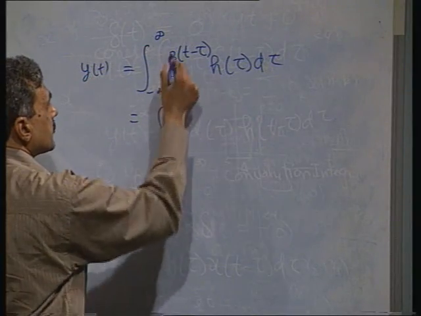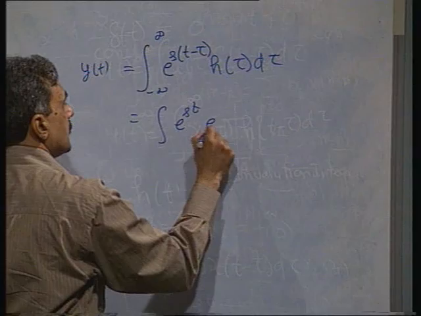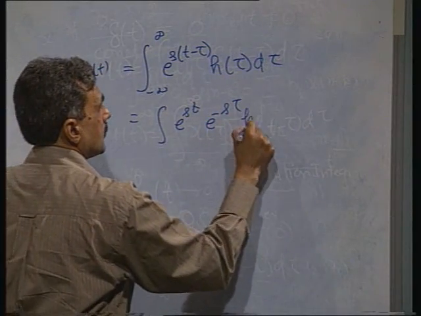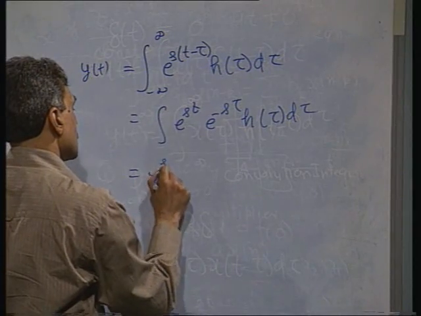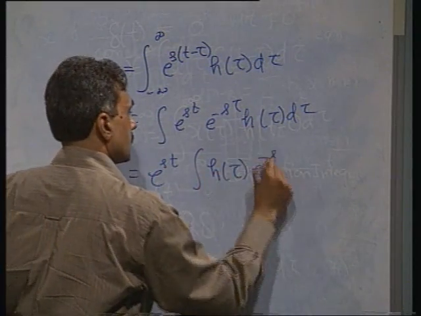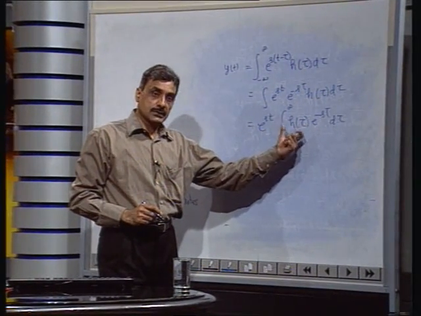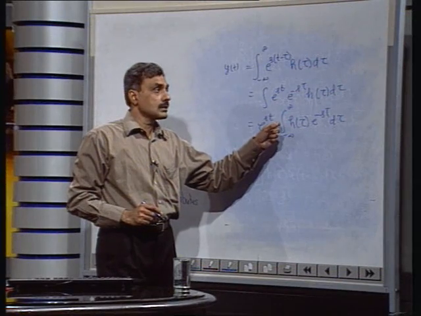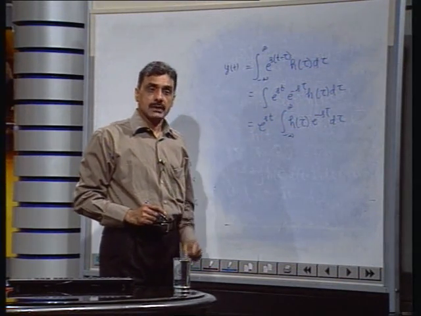But I can immediately see that it is nothing but e raised to power st, integral of e raised to power minus s tau, h(tau) d tau, which is the same as e raised to power st times integral of h(tau) e^(-s tau) d tau. This quantity depends on the impulse response h, and also on what s I am taking.